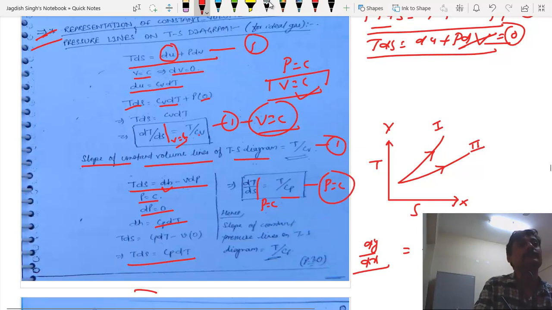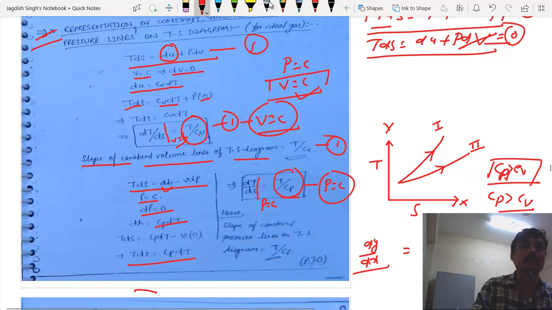That means for a constant pressure process, the slope will be T by Cp, and for a constant volume process, the slope is T by Cv. You know that Cp is greater than Cv.